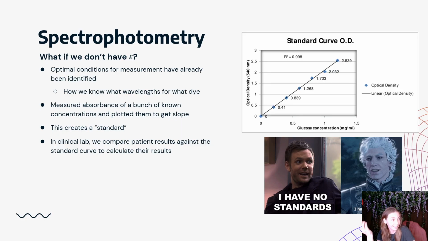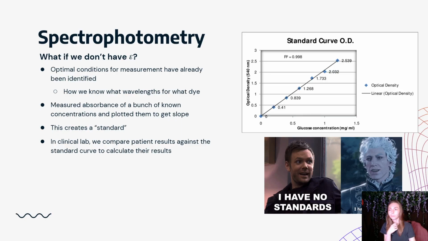Luckily, a bunch of lovely scientists have gone out of their way to establish standard curves for a lot of the analytes that we are measuring, and specific labs will also do their own standard curves for their own analytes. Basically, a standard curve is just a display of the linear relationship between the concentration of an analyte and the amount of light that it's absorbing.